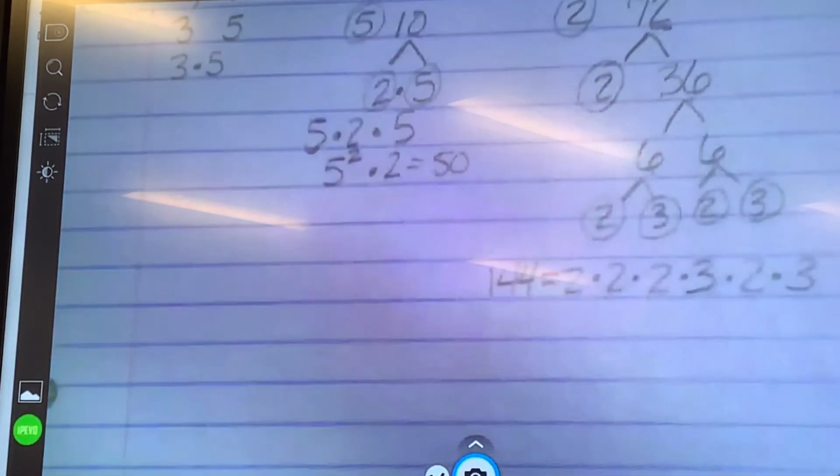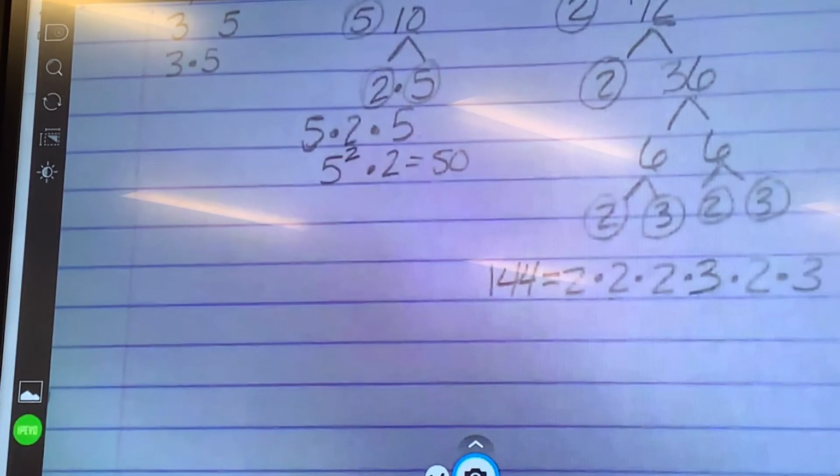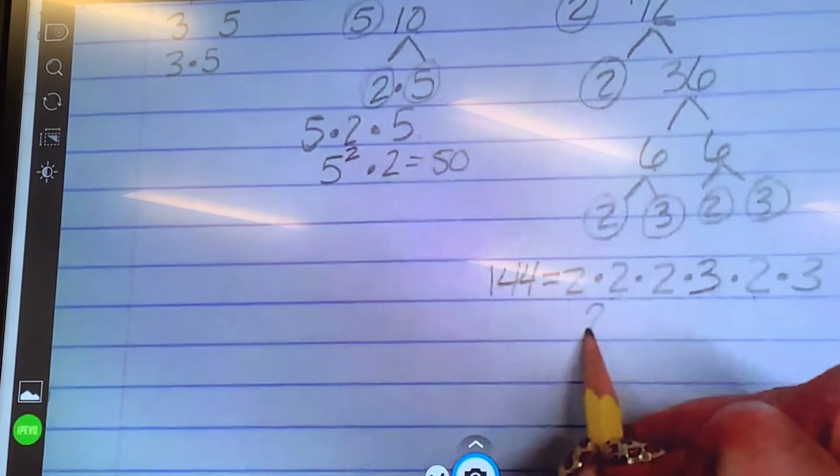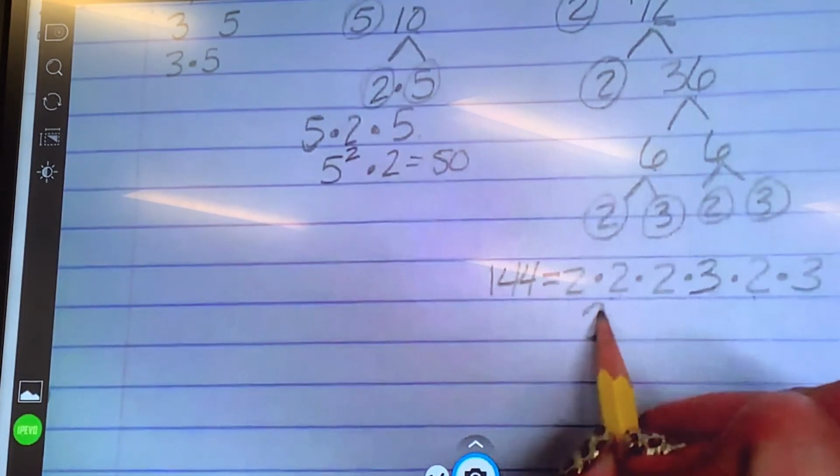But remember, our learning target is to be able to factor whole numbers and express prime and composite numbers as a product of the prime factors with exponents. So we have to find the exponents that are here. Well, 2 repeats itself. So 2 is the base. The base is the number that repeats.